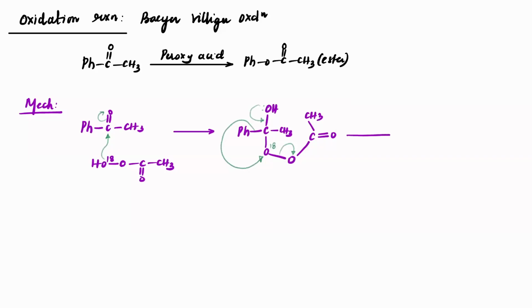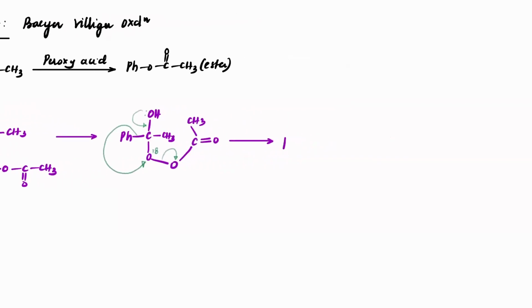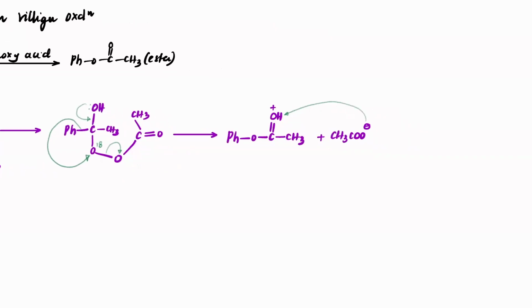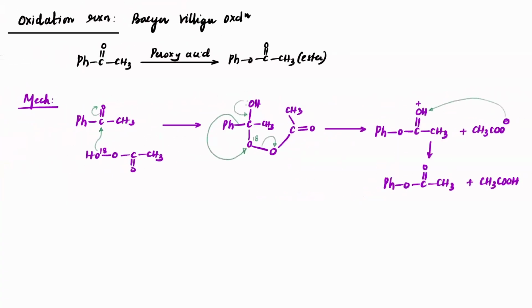As it does, we will get PhO C double bond OH plus and CH3 COO minus. And this COO minus will take H plus from here. That's how we'll get the product PhO C double bond O CH3 plus CH3COOH. That's how we'll get the esters.